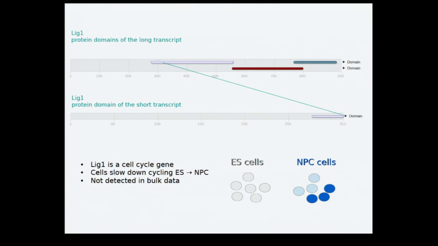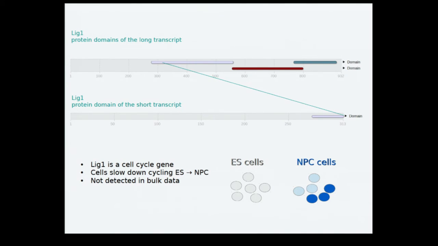And this is combined with the fact we know that when cells differentiate from ES to NPC, they actually slow down the cycling significantly. So based on this particular gene, what we see is that from ES cells to NPC cells, this gene Lig1 is changing its isoform usage.